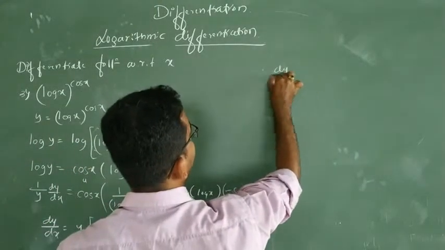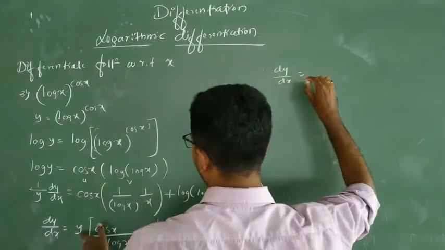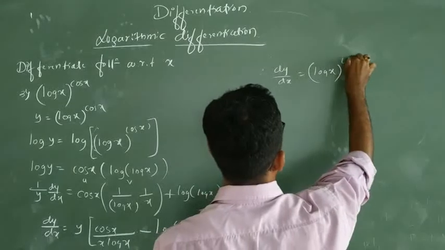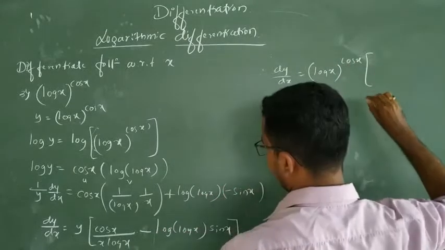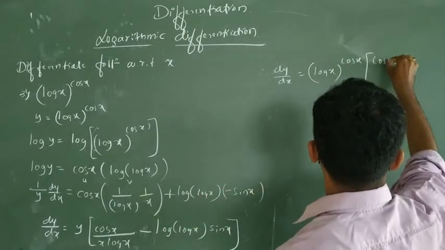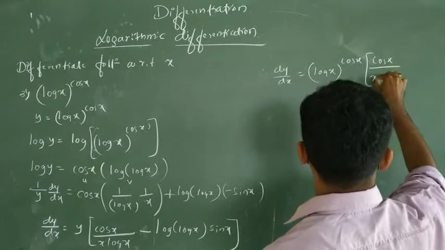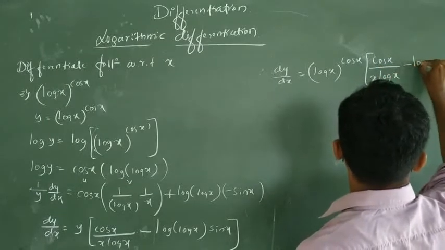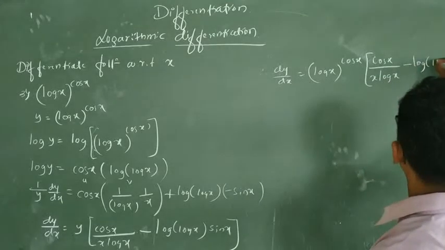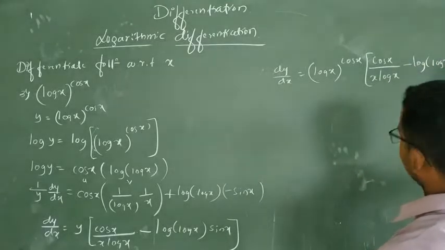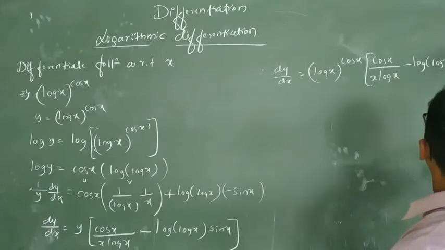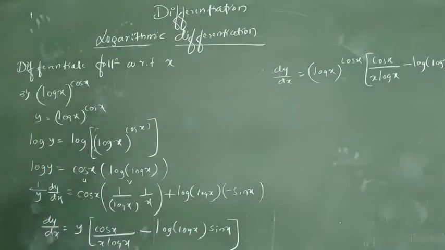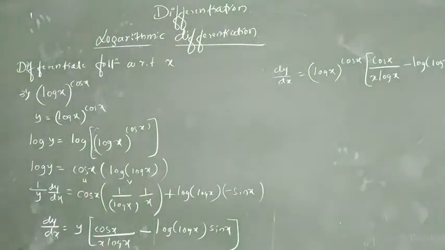Therefore, dy by dx is y, that is log of x whole raised to cos x, and the remaining term, that is cos x divided by x log of x minus log of log x into sin of x. So this is the differentiation for log of x whole raised to cos x.